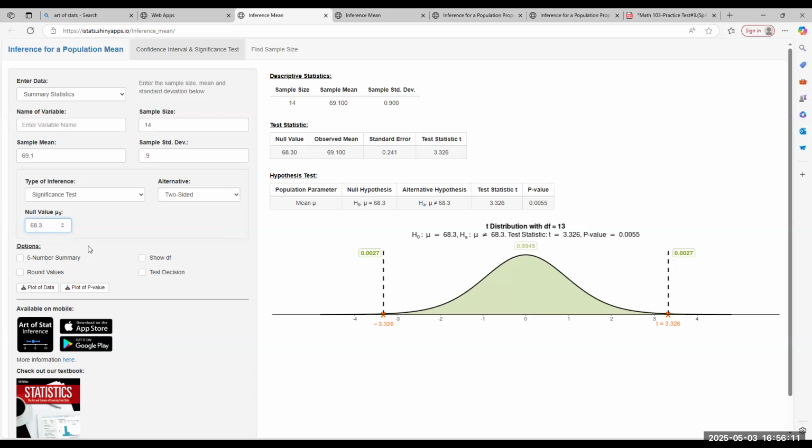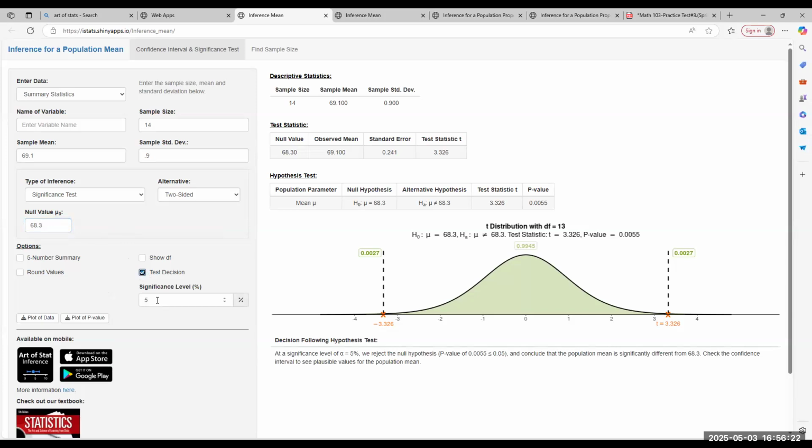And the value for the alpha, okay, we need the test decision. You put the alpha here, alpha is 5%. It's not the case that it would always be 5%, but here it's 5%. There you are. We get the conclusion.